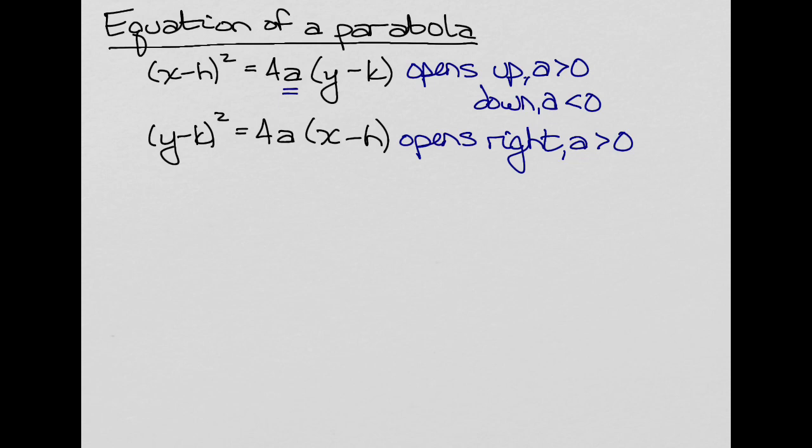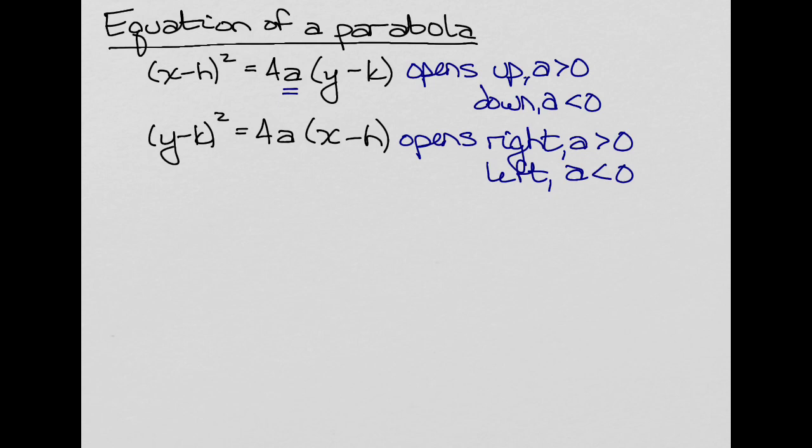So the y equals x squared version opened up the positive y direction when a was positive. So this one's going to open the positive x direction to the right when a is positive, and left if a is negative.